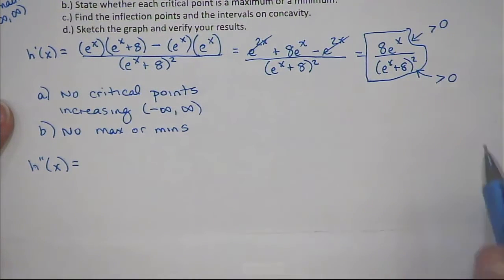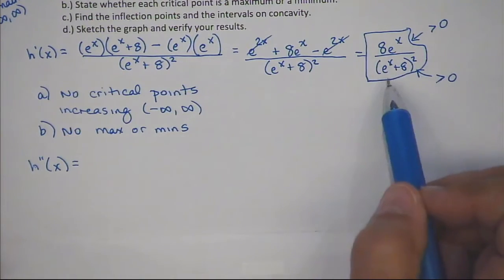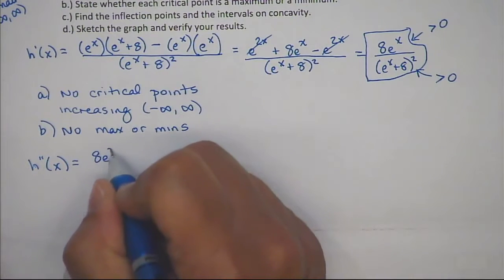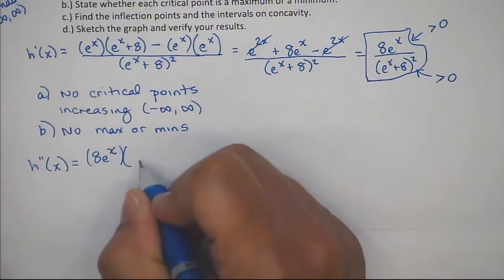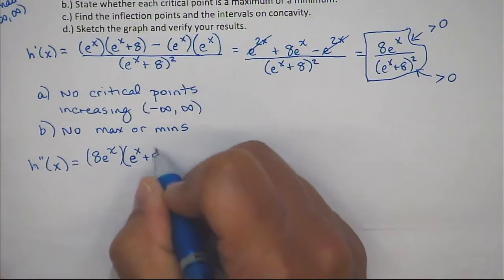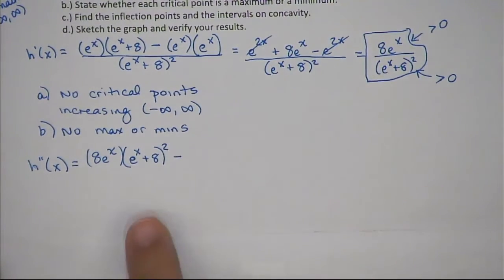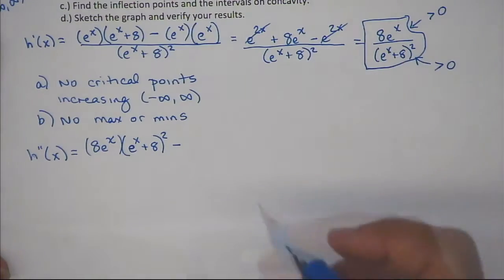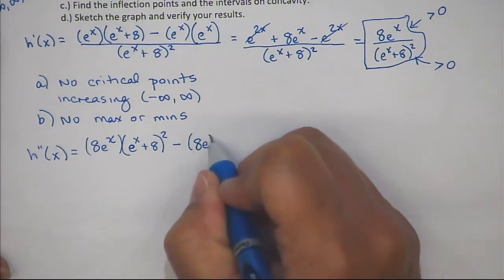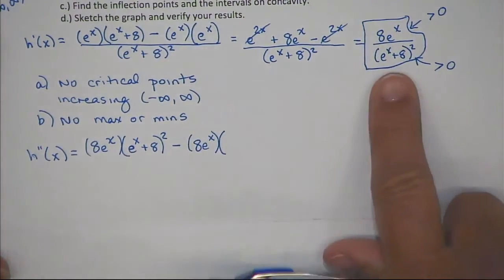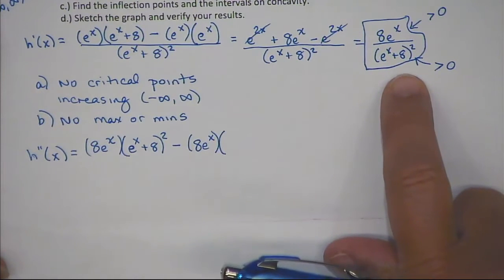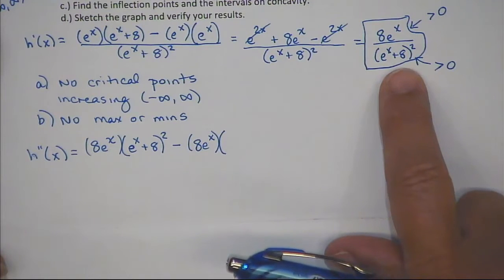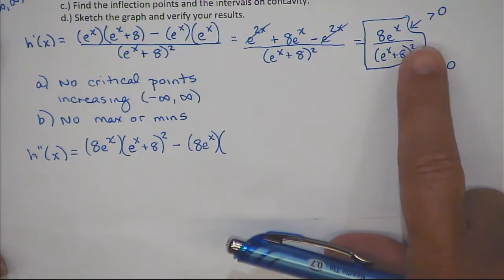All right, so we're ready to do our derivative of the derivative. So the derivative of the top would be 8e to the x times the bottom, leave it alone, and minus the top, 8e to the x, times the derivative of the bottom. So this is a chain rule. The outer function is something squared, so we're going to do that first.